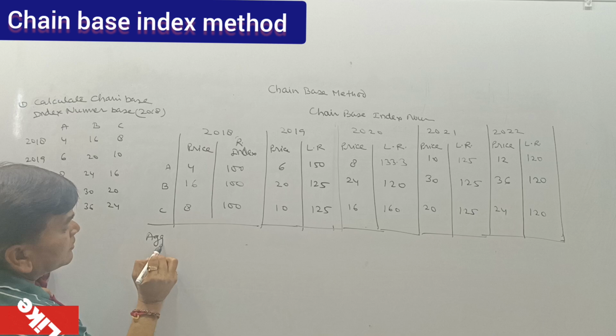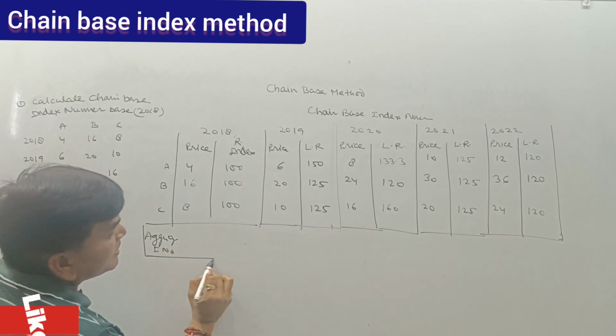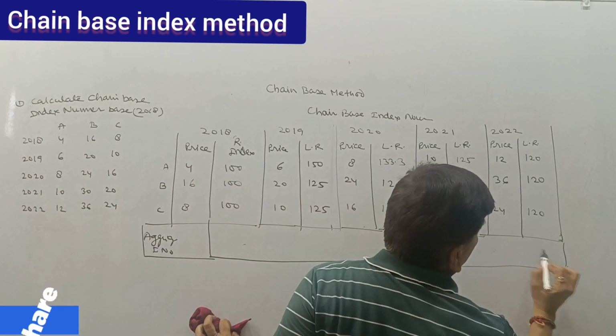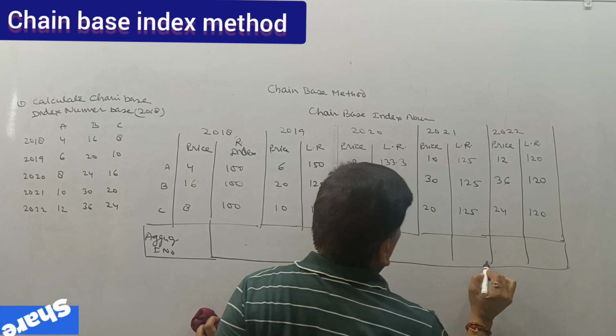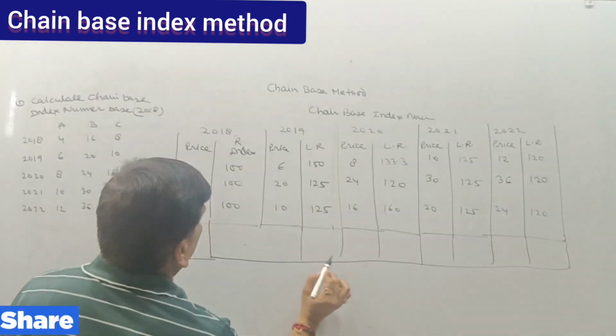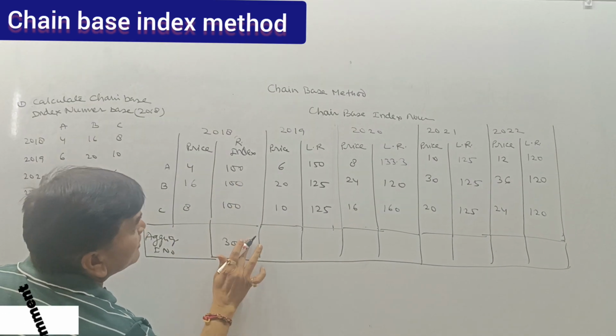So the aggregate index number, the total, we will calculate. Aggregate of index numbers for getting this and this: 100, 100, 100 gives 300 as the index number total.